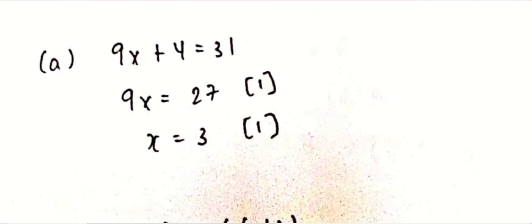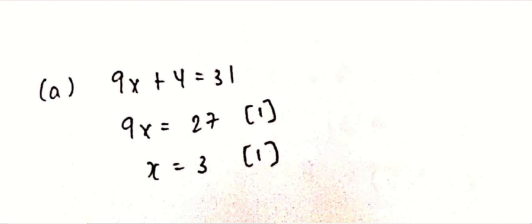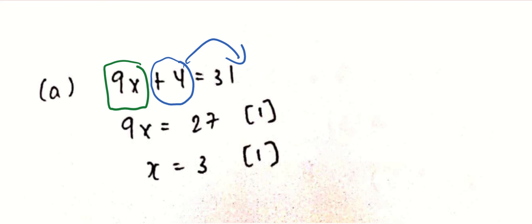9x plus 4 equals 31. Remember, I said I want to keep all the variables, in this case only this term, on the left hand side, and I want to throw all other constant terms, in this case plus 4, over to the other side of this equal sign. When I'm throwing things across the equal sign, I need to change the sign. The working here skips a step.